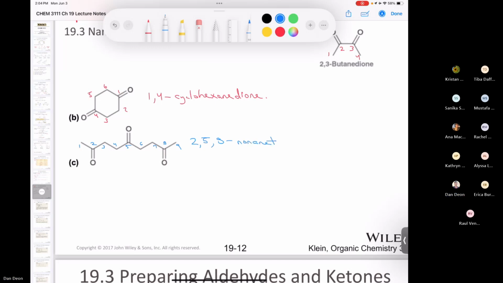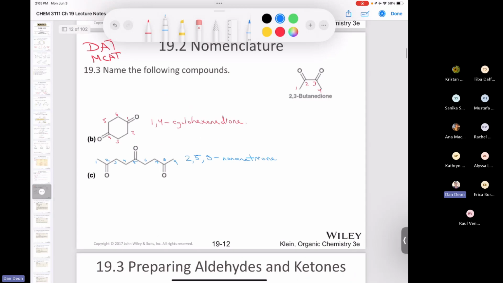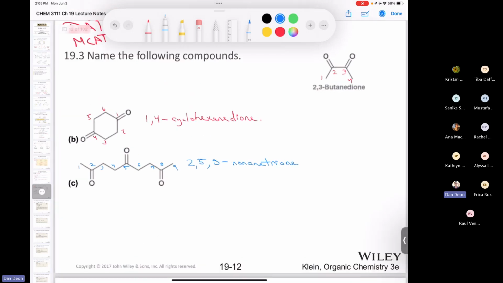So the bottom line is this: if you have 1 carbonyl, it's going to end in -one. If it's 2, it's -dione. If it's 3, it's -trione. If it's 4, it's -tetrone, etc. I can't imagine seeing anything with more than 4 carbonyls in it.